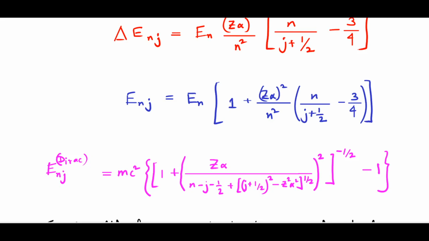But if you were to actually calculate this to the lowest order in alpha, you will find that it does give you back exactly the expression for Enj that we had obtained above. So the fact that the energy depends only on n and j and not on L is a feature also of Dirac's exact solution. This result that we have got from first order perturbation theory actually persists to all orders.